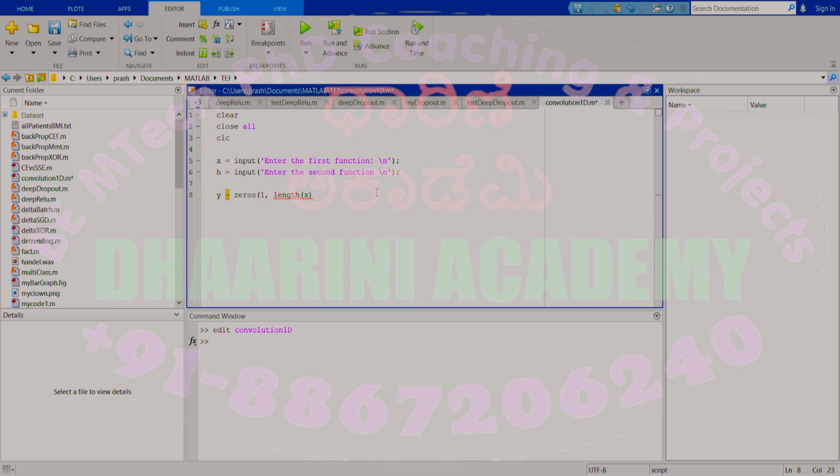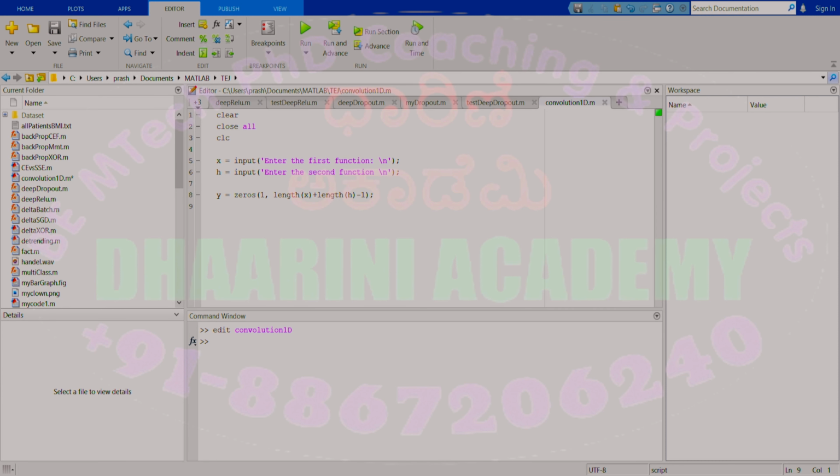Just now we recalled that in the form of a formula, right? The length of your result is nothing but L1, length of x, plus L2, length of h, minus 1. So length of x plus length of h minus 1. So many zeros you create, that's all, right? So you see that you have created enough space for now, right?